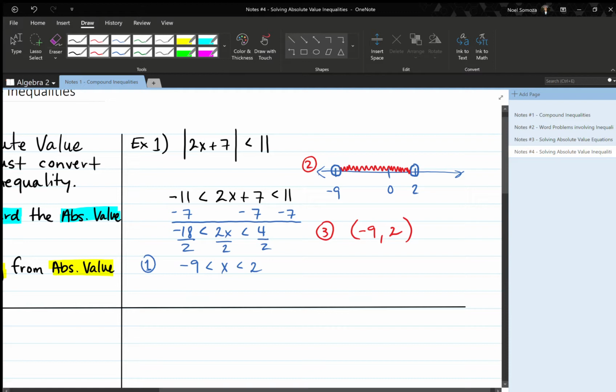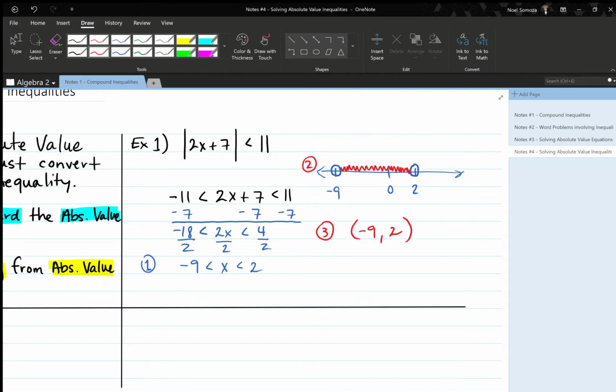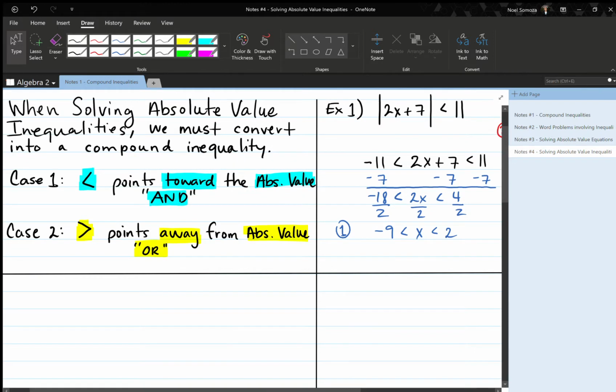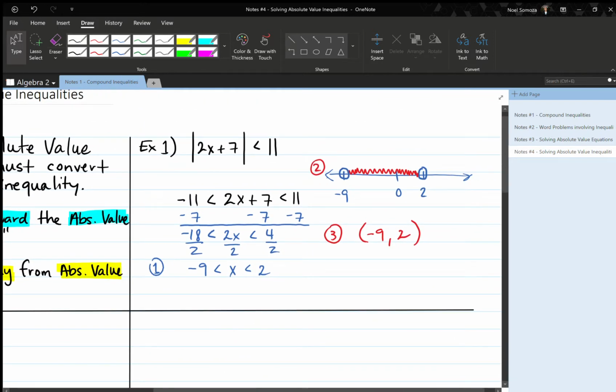So the only thing new now is instead of splitting it, now you rewrite it as a compound inequality. So the and ones are actually really nice. The and ones are really easy. The or ones are a little bit more tricky. But let's practice a couple more and inequalities. Any questions on this first one? All right. Cool. Let's move on.